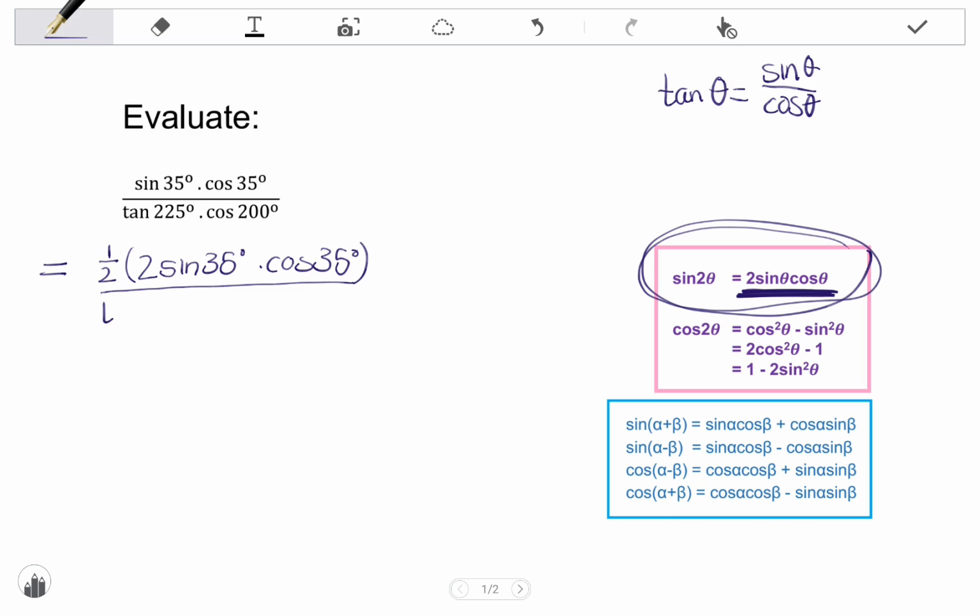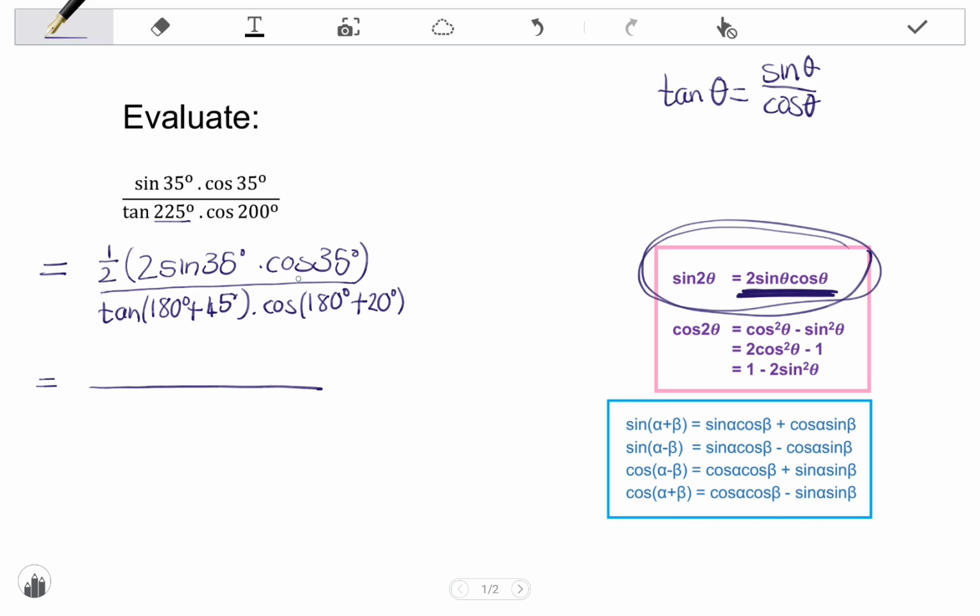Tan 225: 225 is in the third quadrant, and in the third quadrant I can rewrite my angle as 180 degrees plus 45 degrees. Then I have cos of 200. 200 is in the third quadrant, in which I write my angles as 180 degrees plus an acute angle that would get me to 200. And I am now able to apply the reduction formulae there.